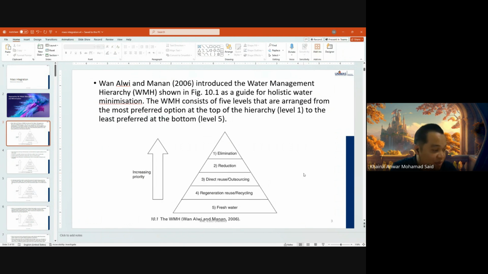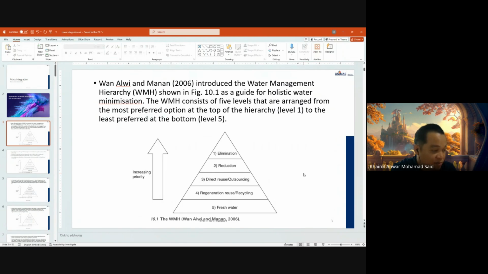Level 2, which is reduction. So if it's not possible to eliminate, another wise thing to do is to reduce.